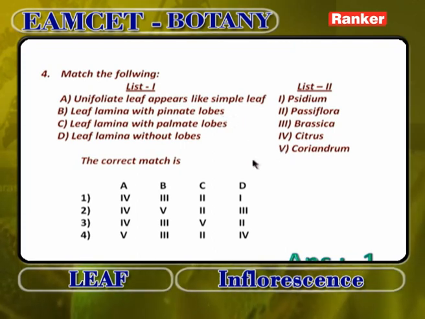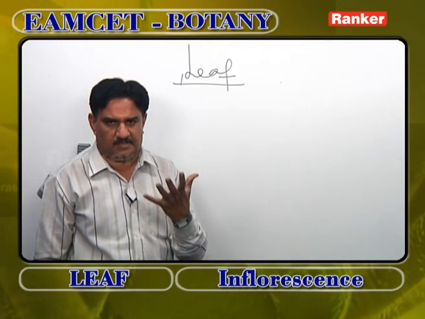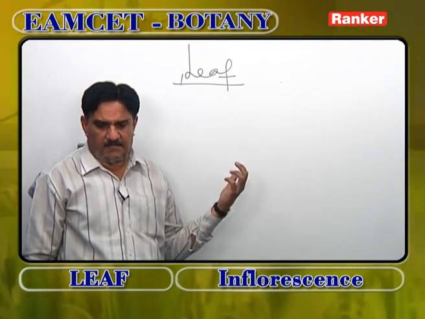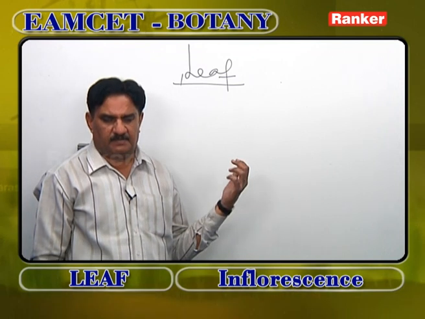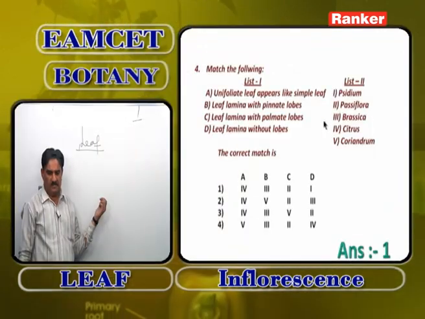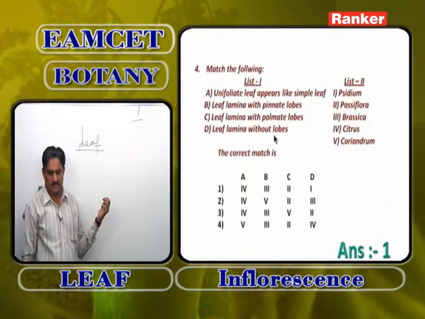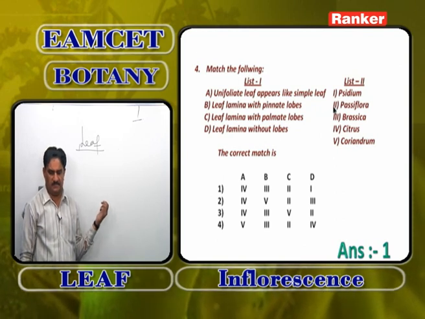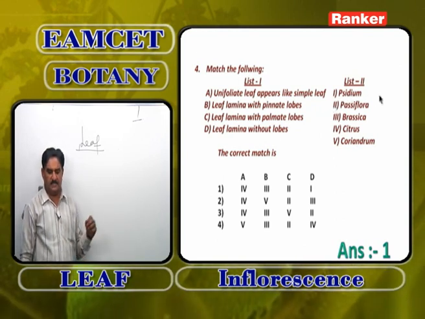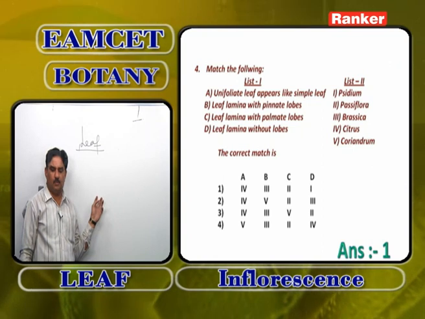Pinnate lobes means an equal number of lobes on both sides of the midrib. Leaf lamina with palmate lobes means the lamina shows lobes that resemble fingers in a palm. For this, the answer is Passiflora. Then leaf lamina without lobes means a total simple leaf, that is Psidium. So the answer is 4, 3, 2, 1.